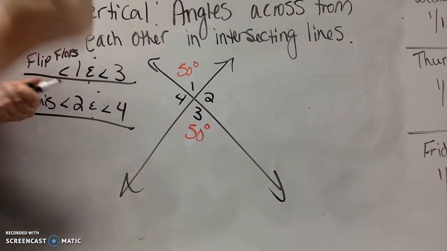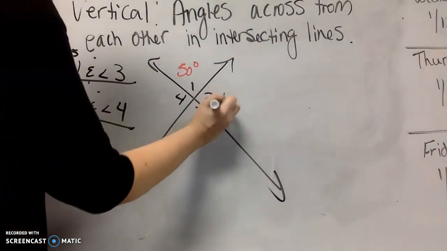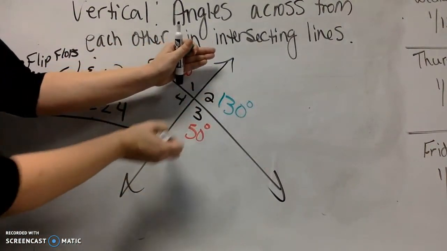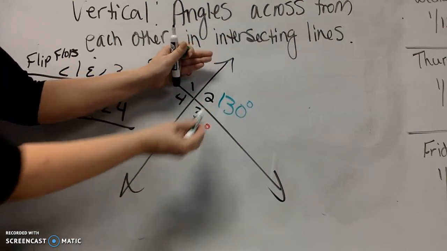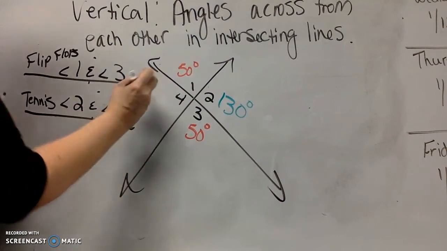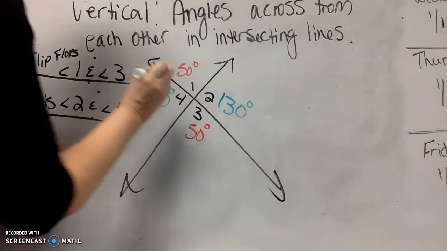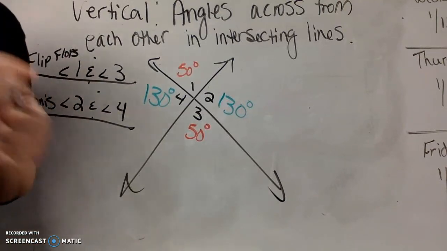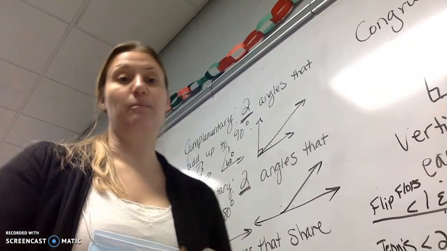Okay? Then angle 2 is 130 degrees. How did I know that? These are supplementary. They lie on a line. So they have to add up to 180. So if angle 2 is 130 degrees, angle 4 has to also be 130 degrees because they have to add up to 180. We will work more with finding those missing angles, but all of these will help us do that.